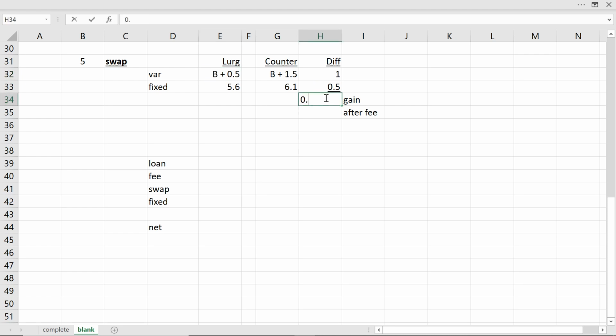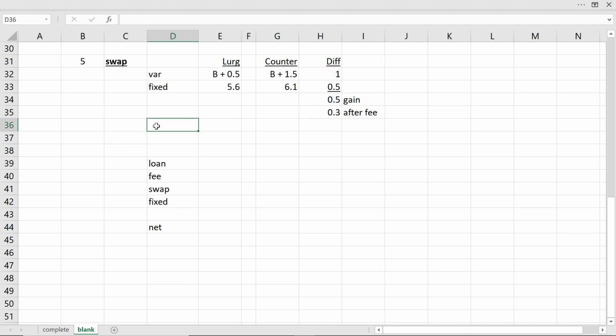And this means that there's the potential, if I look at the difference in the differences, of 0.5% gain from the swap before considering fees. And the fees quoted in the question are 10 basis points or 0.1% for both parties. So there's a potential for 0.3% gain after the fee.